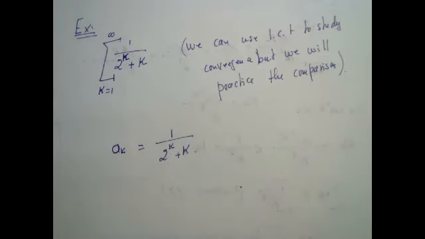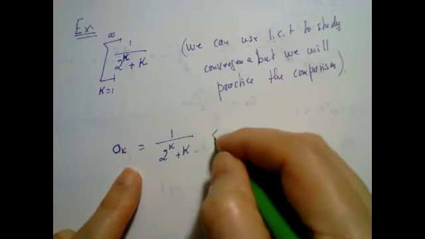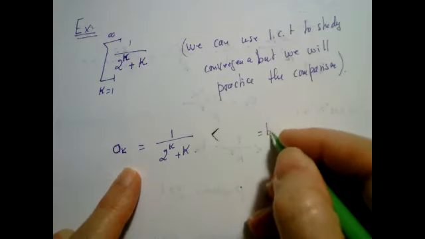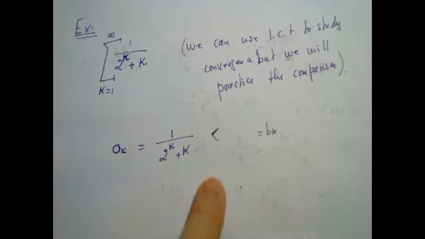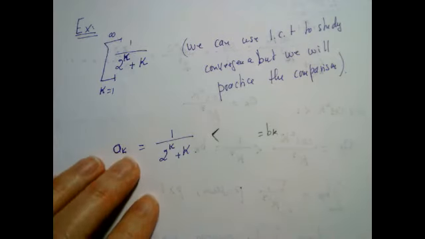Now, how can we use the comparison test to show that it converges? To show that it converges, I have to make it less than something that converges, and the inequality has to be correct. So what shall I make it less than, and why?